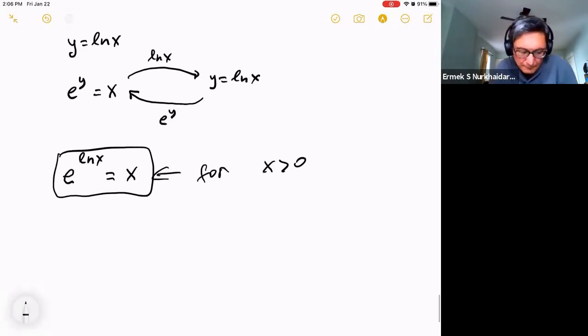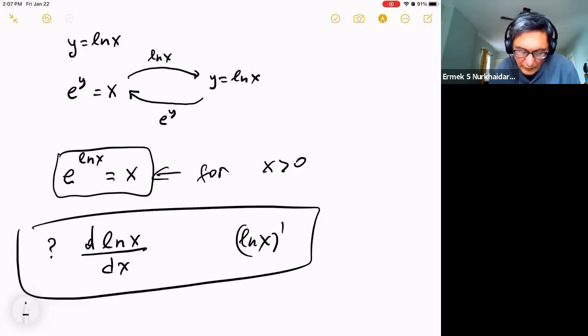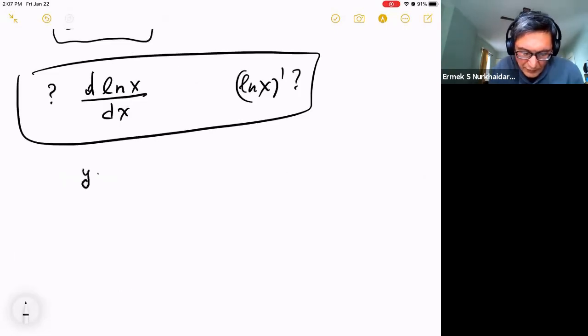Now let's use this property to calculate the derivative of natural log. Next question: we want to find the derivative of natural log of x. I start with y equals ln of x. I want to find the derivative, but I don't know how.